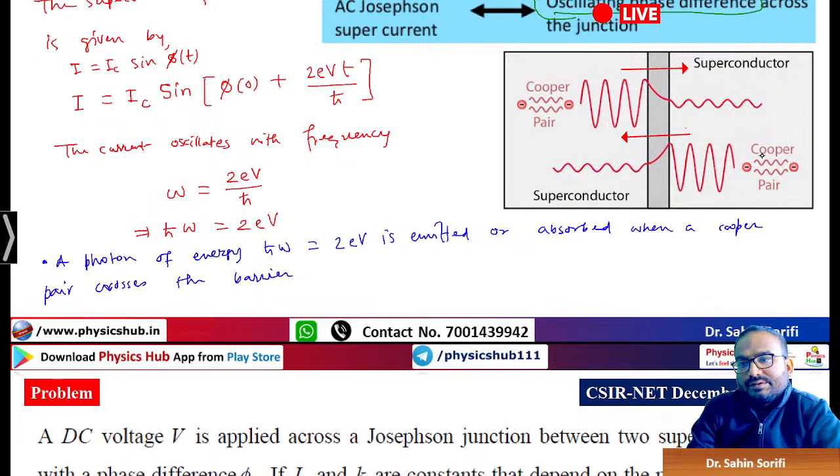So you can see the Cooper pair crossing the barrier, 2 electron volt may be absorbed or may be given off.